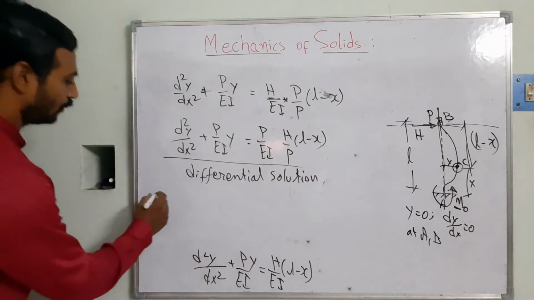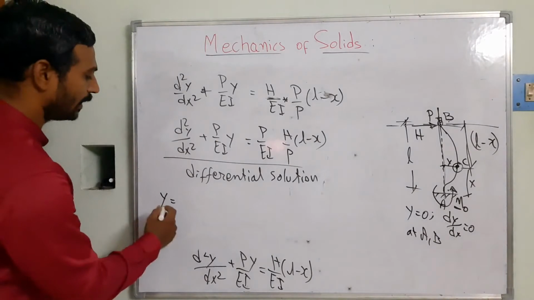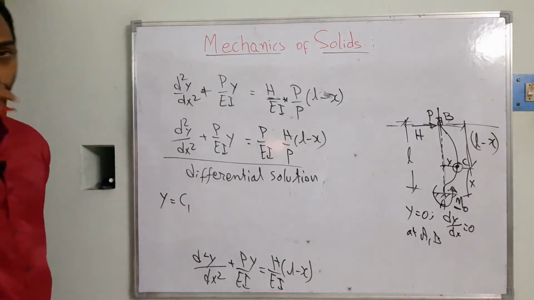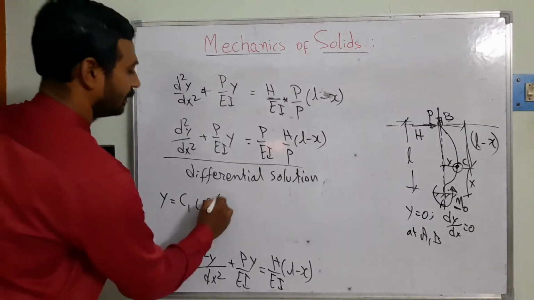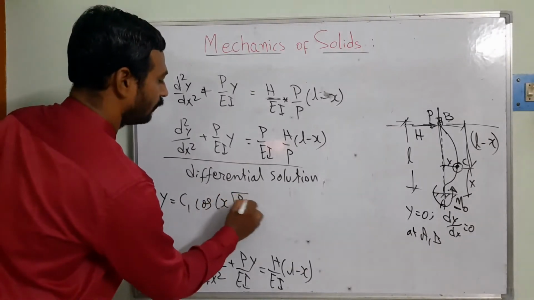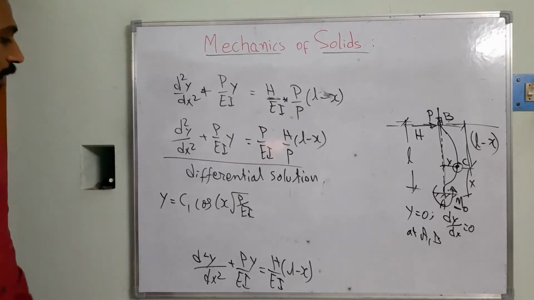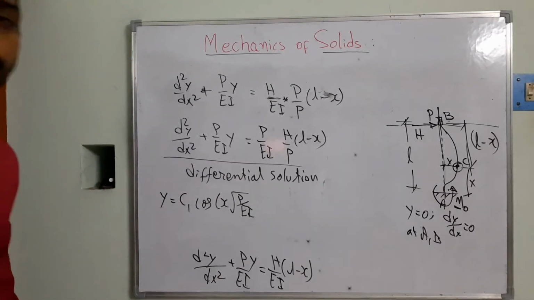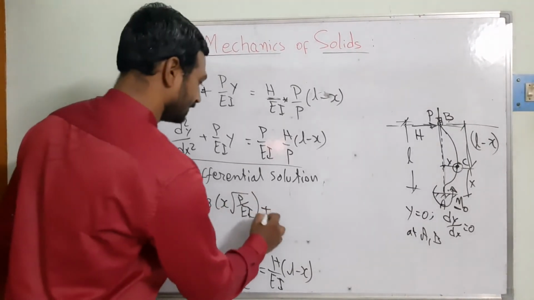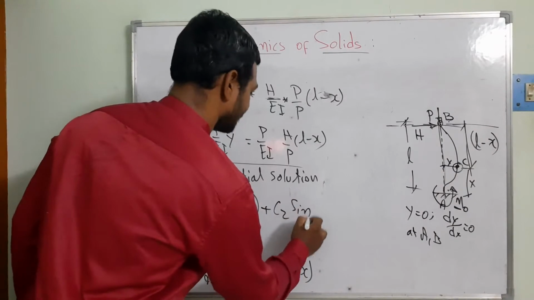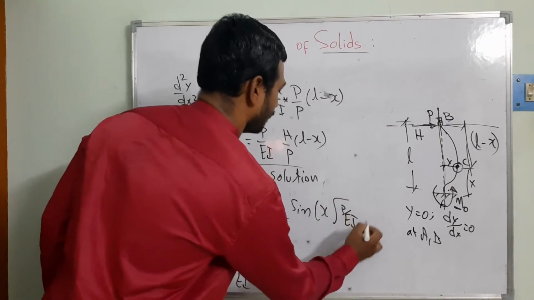After the integration of this, we write y is equal to C1 into, what is the formula we have here, cos x into the square root of P by EI, we got it, right? Plus C2 into sin x into the square root of P by EI.